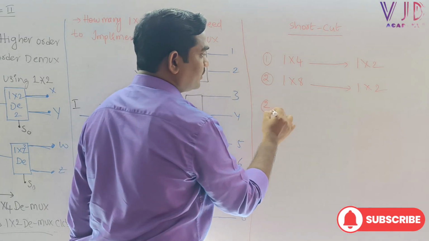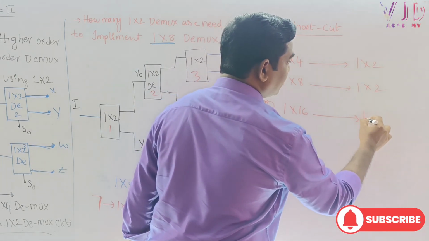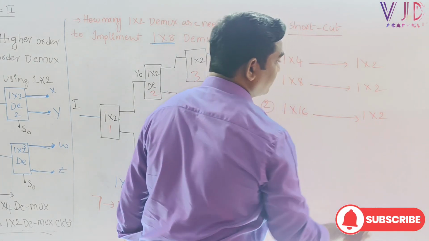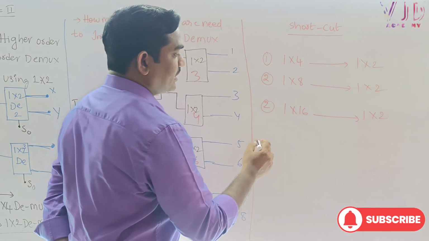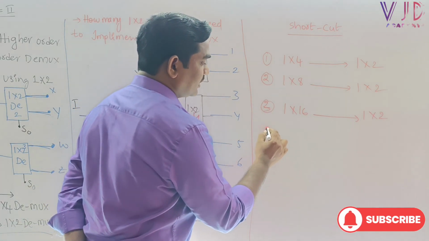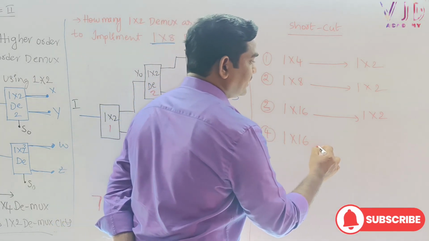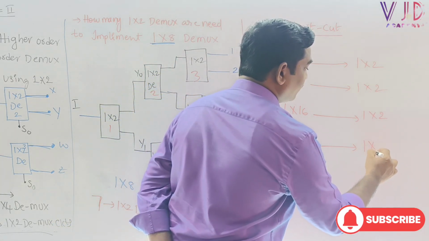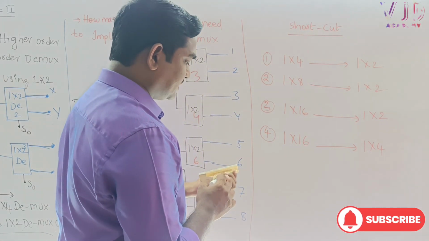To implement a 1 to 16 demultiplexer, how many 1 to 2 demultiplexers are needed? And now the fourth one I want to take here: to implement a 1 to 16 demultiplexer, how many 1 into 4 demultiplexers are needed? So the questions may be asked like this.